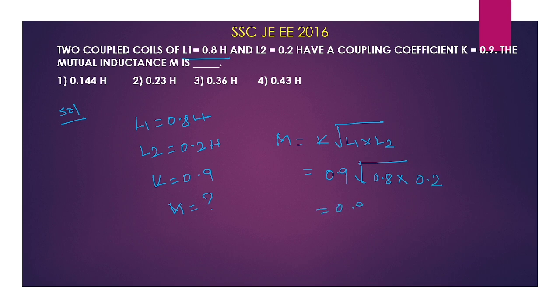So if we solve this, 0.9 times root of 0.16. The square root of 0.16 will be 0.4. If we multiply these both, we got 0.36 as the answer, Henry. So the answer is option 3, 0.36 Henry. Okay, this is the answer.